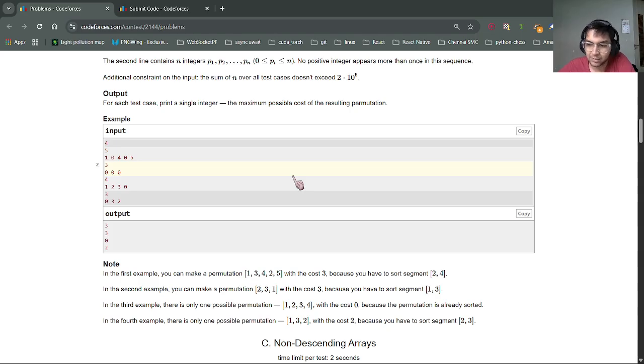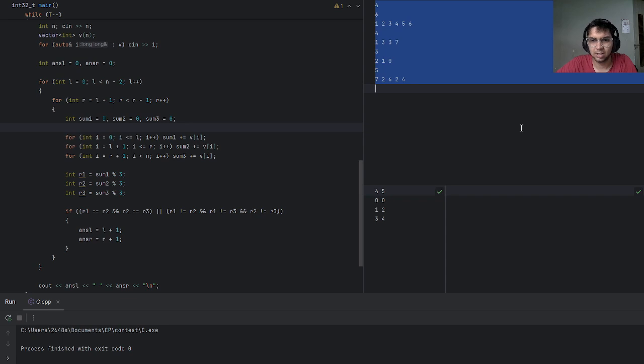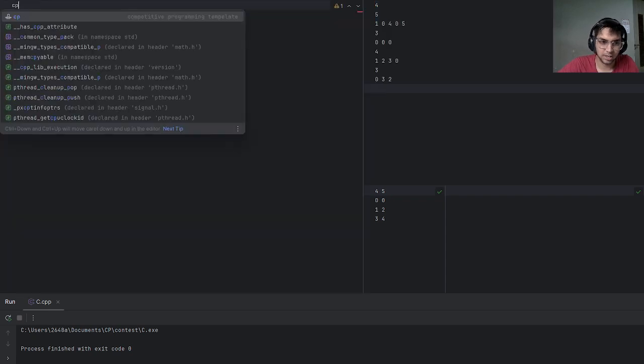Basically, you have been given the permutation. You calculate on that. But if there is some ambiguity, then you just get the outermost elements, which are in the wrong place. Like, okay, I think you can get most of the idea.